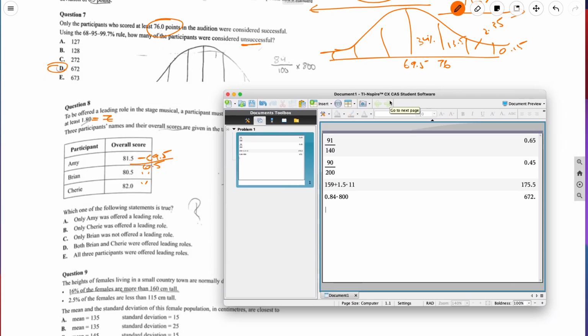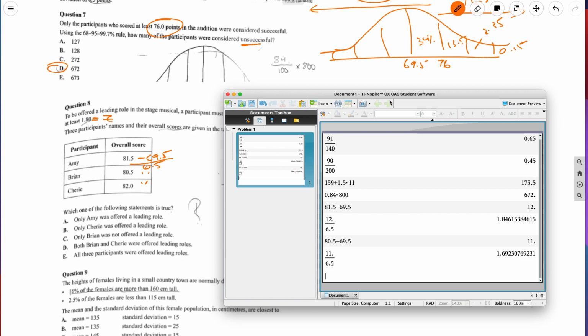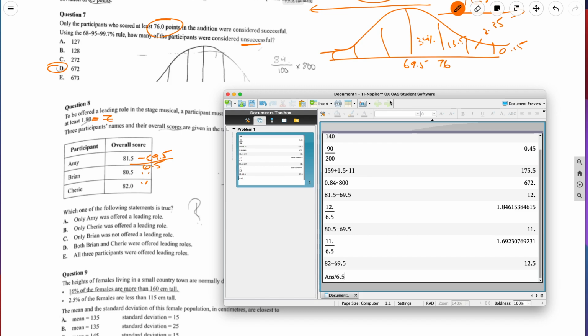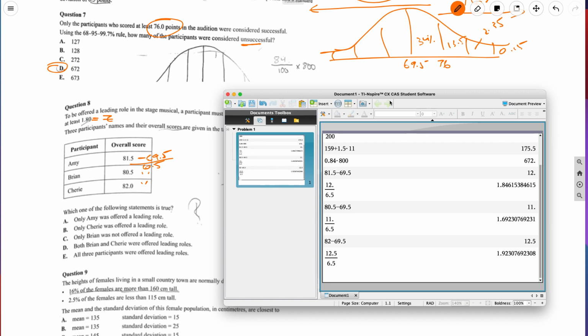So for Amy, 81.5, take away 69.5, and then divide that by 6.5, then 80.5 minus 69.5, divided by 6.5, that's that Z score, and then 82 minus 69.5, divided by 6.5. Check those are all good. Yep. And so there we go. So there are our Z scores now.